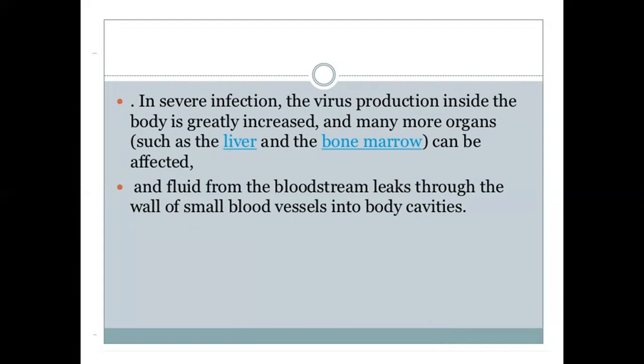And due to its effect on the WBCs and almost throughout the body, there is a leakage of blood from the small vessels into the body cavities.